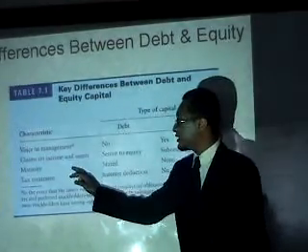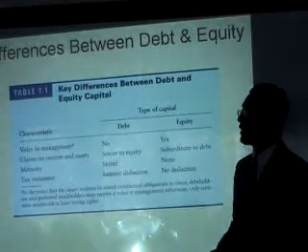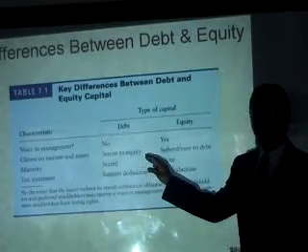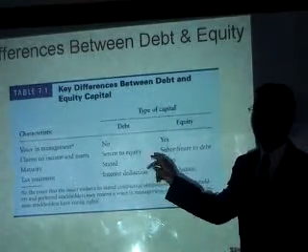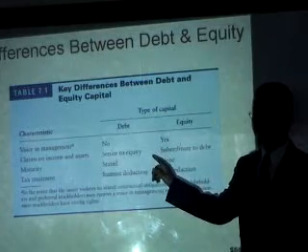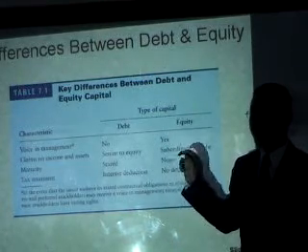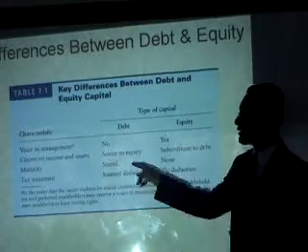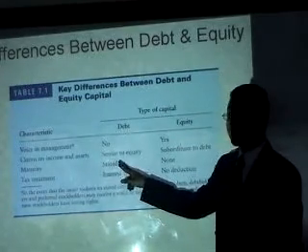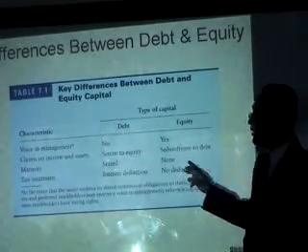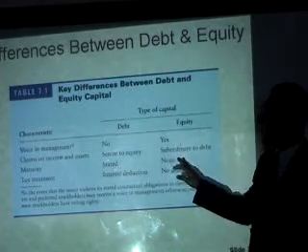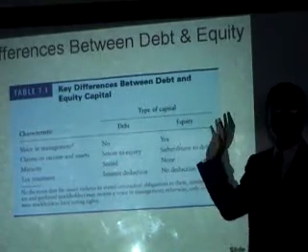Look at the third characteristic, maturity. If you look at debt, for example bonds, they have a stated maturity date. For example, 10 years, 25 years, 30 years. It's already stated, the maturity date. But if you look at equity, it is actually infinite.